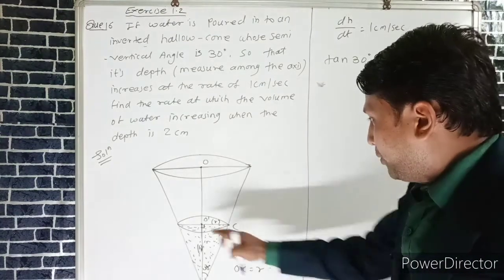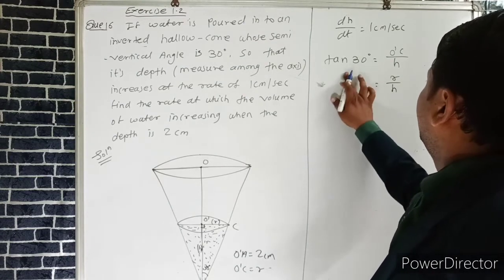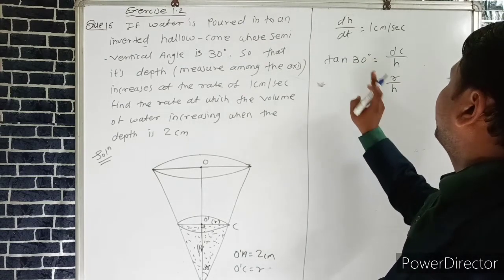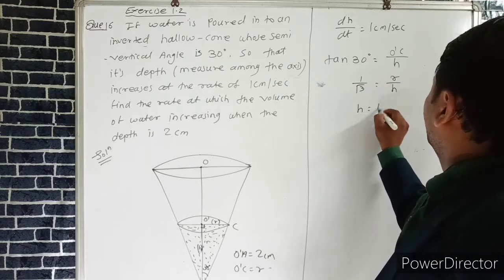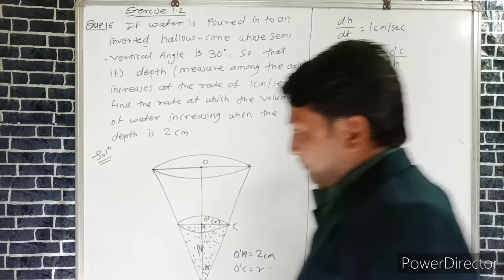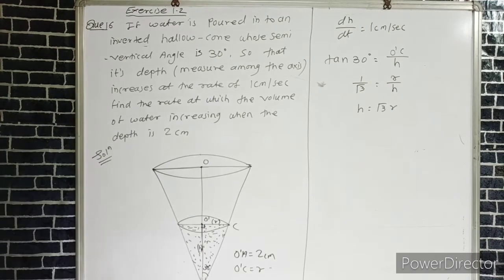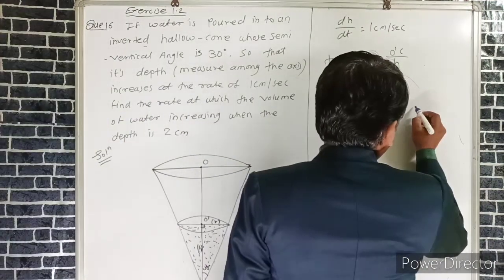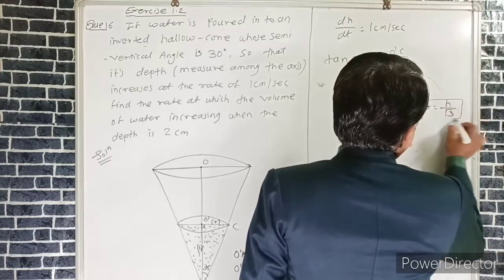The distance of O dash C is R, which is R by H. The value of tan 30 degree is 1 by root 3, hence we can write H is equals to under root 3 R. So here H is equals to under root 3 R, or R is equals to H upon under root 3.